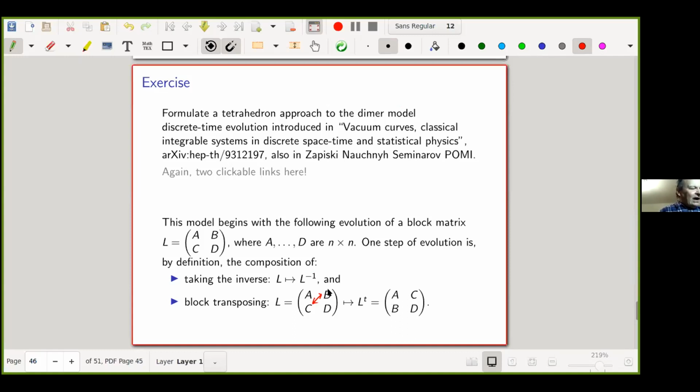But I don't know how to apply functional tetrahedron to it, but I think, and it is related to the dimer model, and I think there are some young people who already know the answer, how to apply functional tetrahedron.